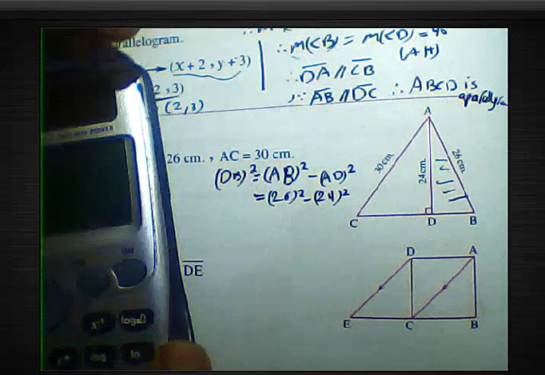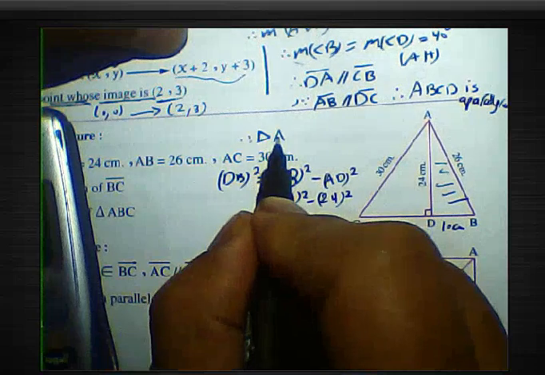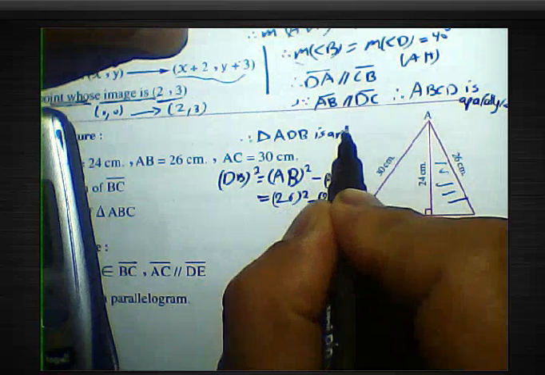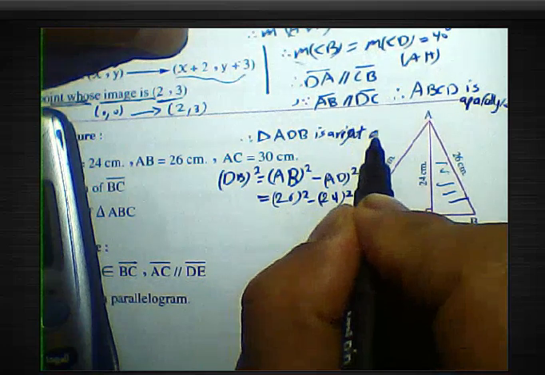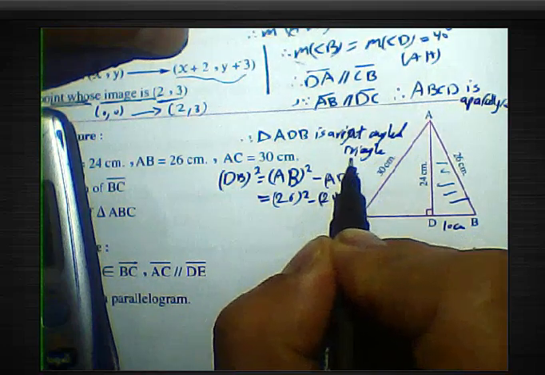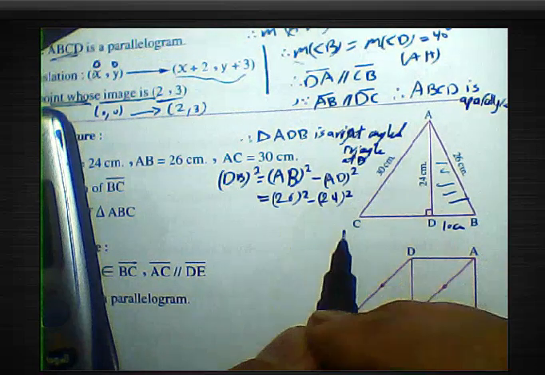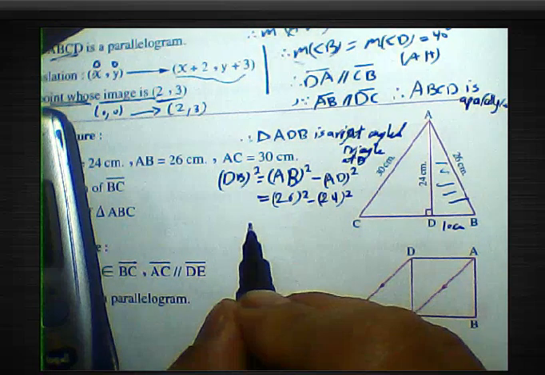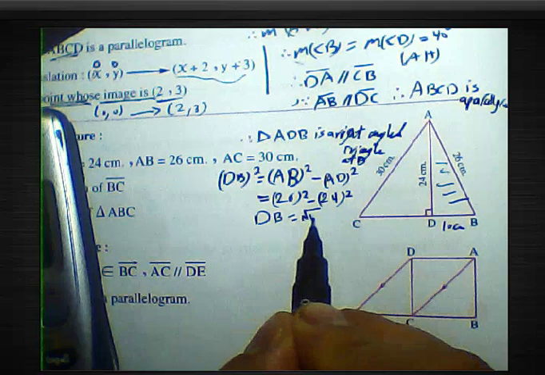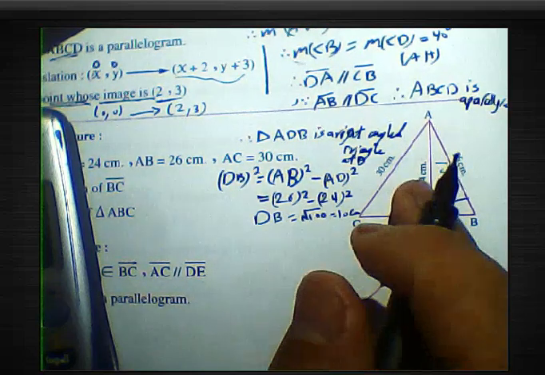The square root of 100 equals 10 centimeters, because triangle ADB is a right angle triangle at D. Okay, right angle triangle at D, then DB equals 10 centimeters, the square root of 100 equals 10 centimeters, and you can find CB from the second triangle here.